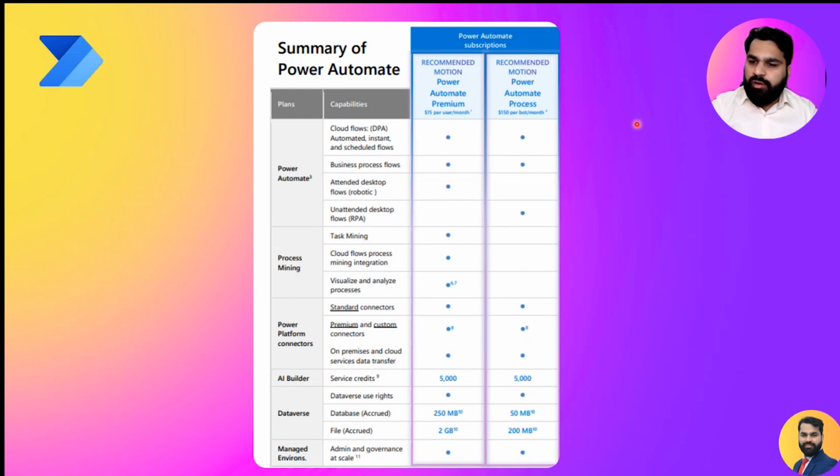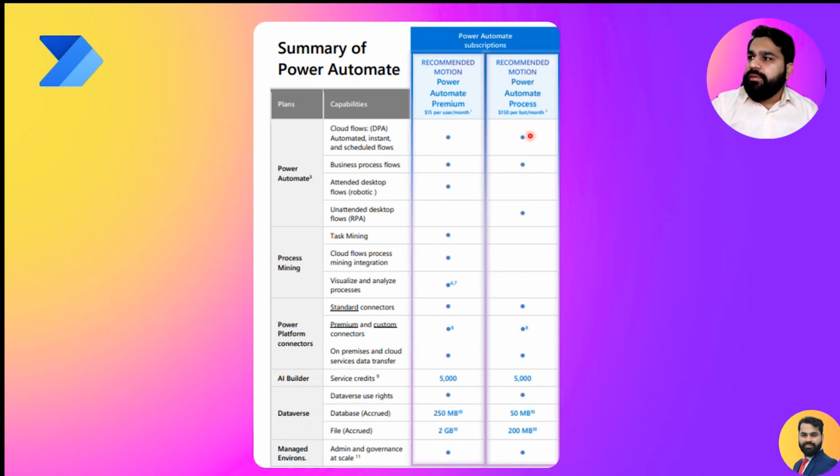If we assign the Power Automate process license to this flow itself, as it is assigned per bot, then any user would be able to run this particular flow. They don't need a Power Automate Premium license. I hope this makes it a bit clear.